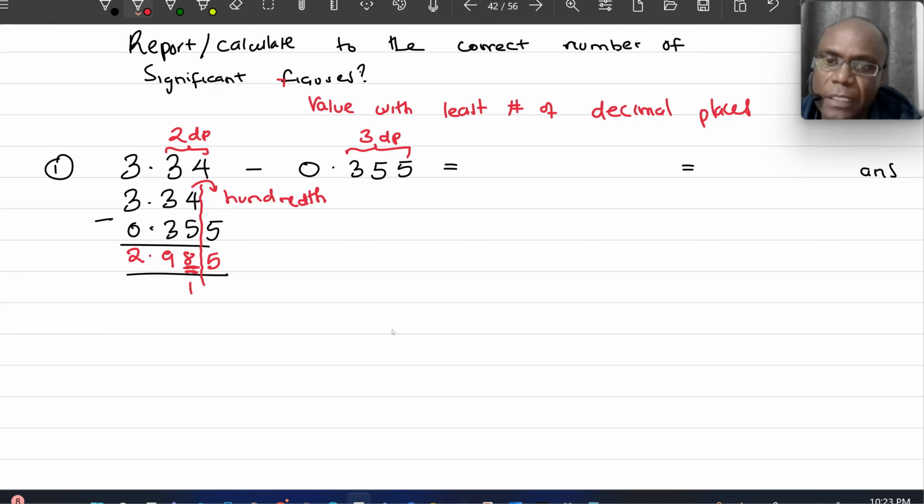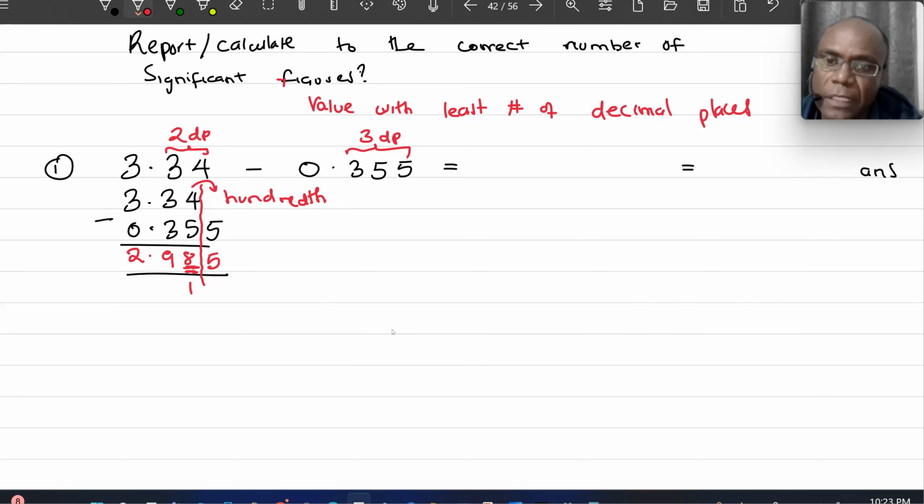So it will be 2.99. That's 2 decimal places again, just like what we subtracted, and this ends up being 3 significant figures. So the answer here is 2.99. The unrounded is 2.985.